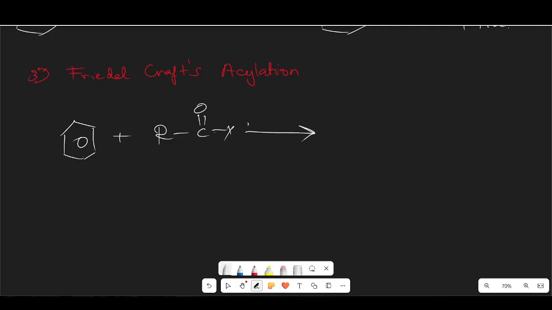You react it in anhydrous aluminium chloride. We'll use acyl chloride, of course, and anhydrous aluminium chloride. And you get a ketone and hydrochloric acid, of course.